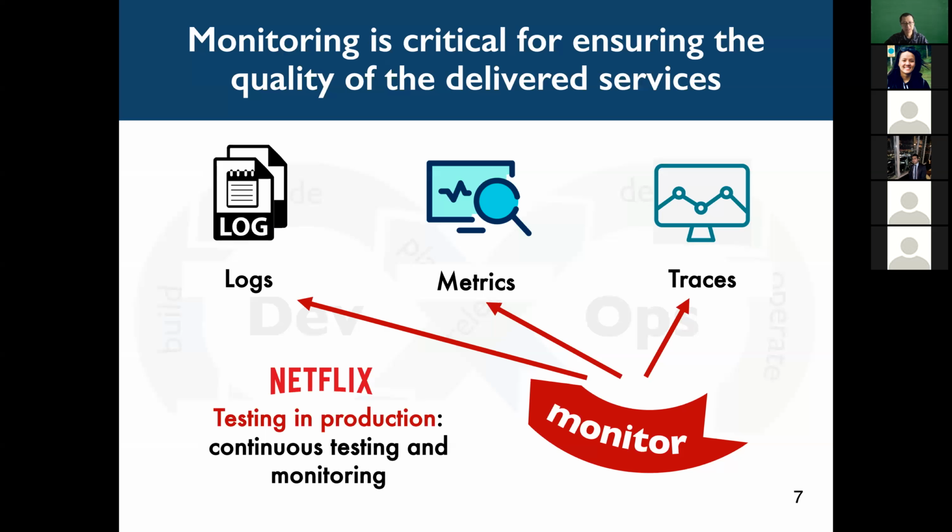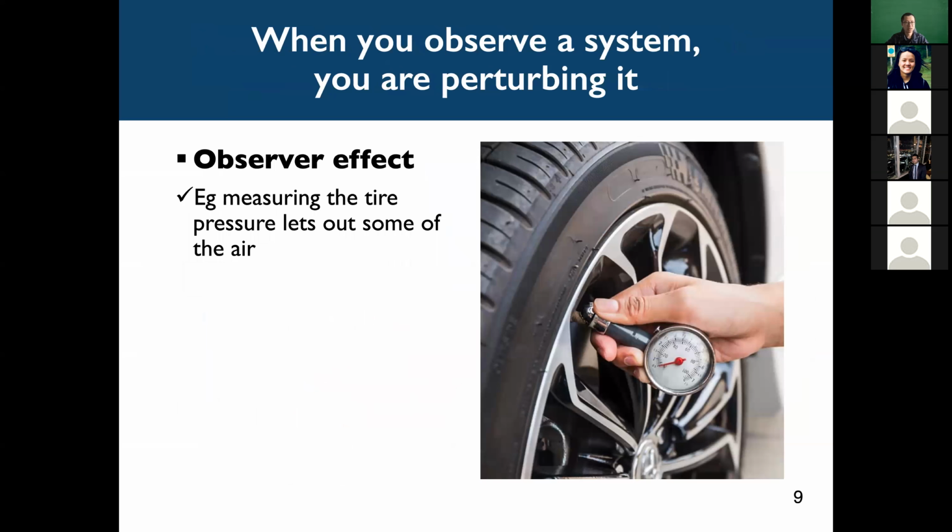So we talk about the importance of software monitoring, but when you are monitoring or observing something, you are actually changing it. There is an observer effect in physics, which is about the fact that when you are measuring a physical system, you are changing it.